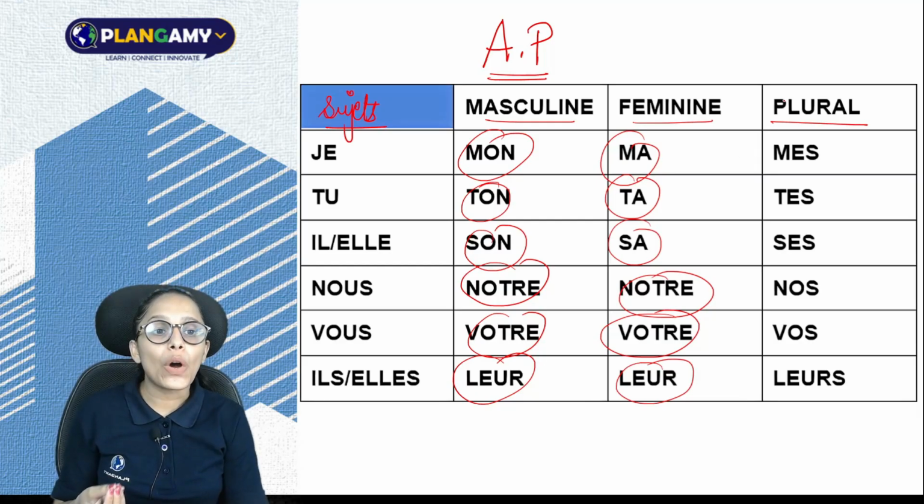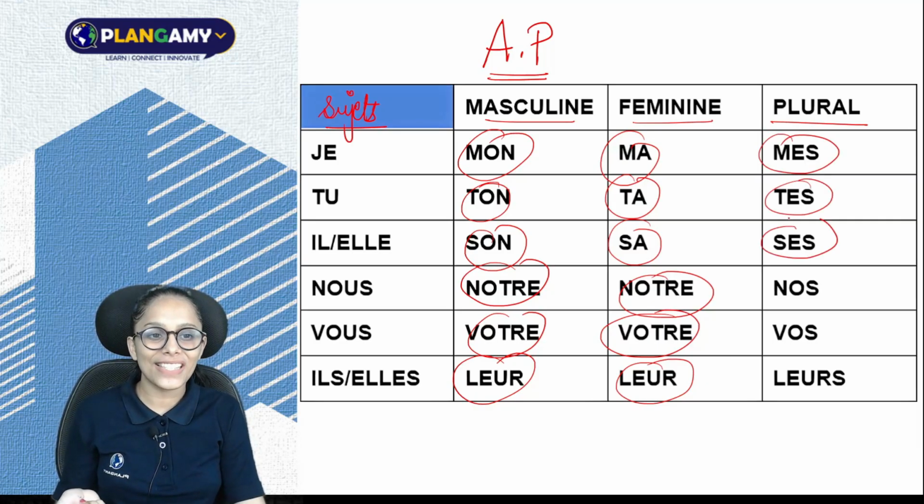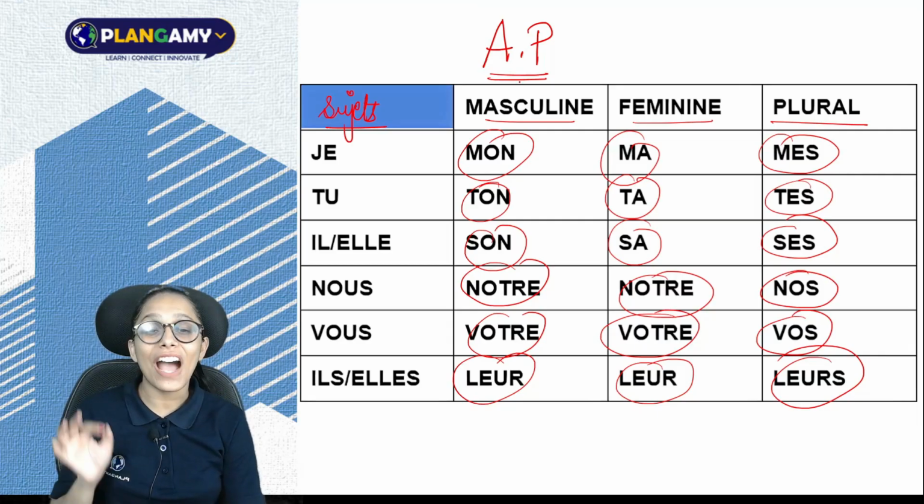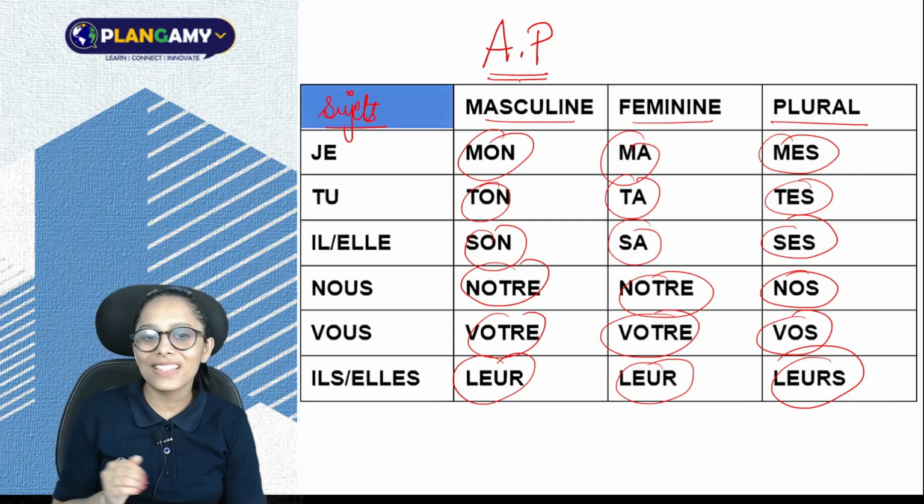In case of plural, you could use mes, tes, ses, nos, vos, leur. I hope that this table on adjective possessive is clear to you.